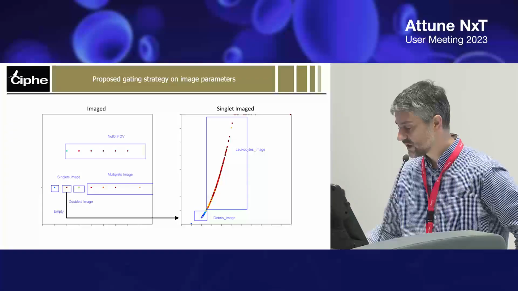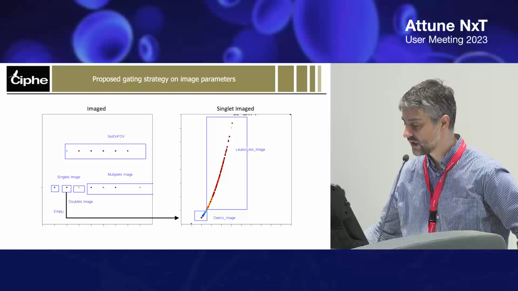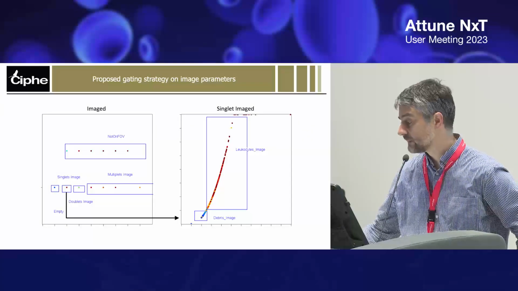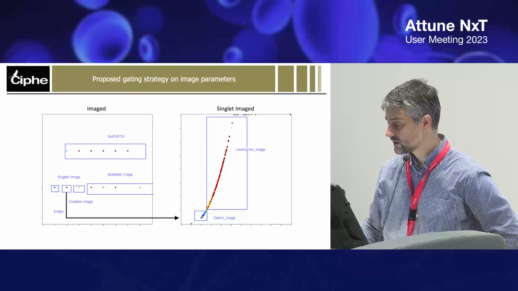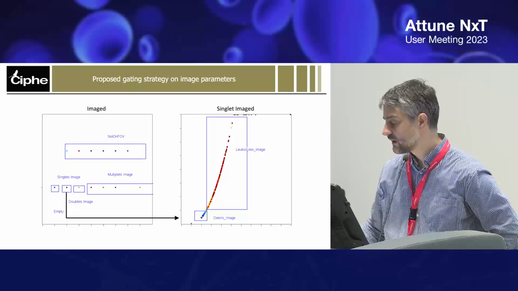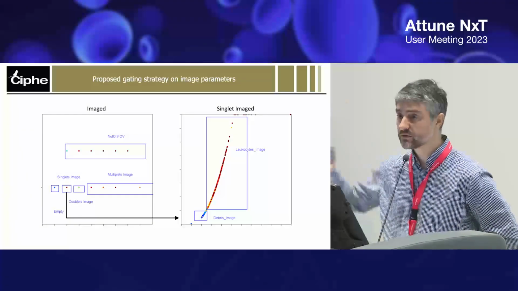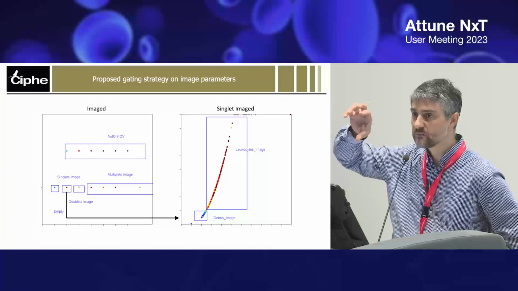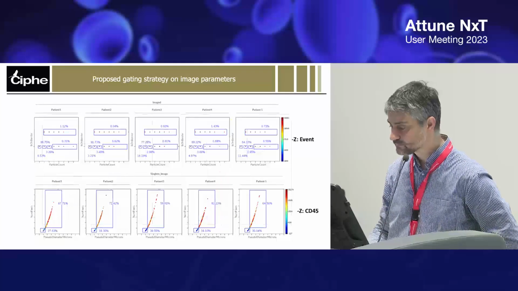Here I have the number of particles that are counted, and you can nicely gate out what is empty and gate on singlets. So I gated on singlets. Then here, what you see as a picture is the number of pixels, and I'm projecting the expression of CD45. So now I have a nice way to gate on images that are cells of interest to me.